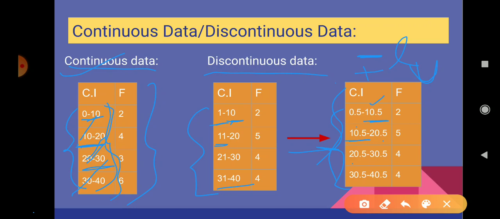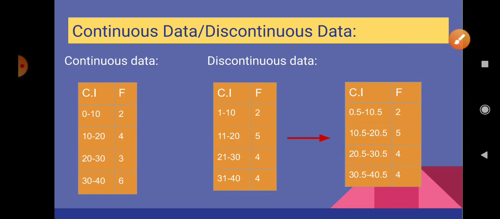Continuous means the limits are repeated in each and every class interval. But if they don't repeat in each class interval, it is called discontinuous data. How to change discontinuous into continuous? Subtract 0.5 from the lower limit and add 0.5 to the upper limit. This is how you convert discontinuous to continuous data. Clear?